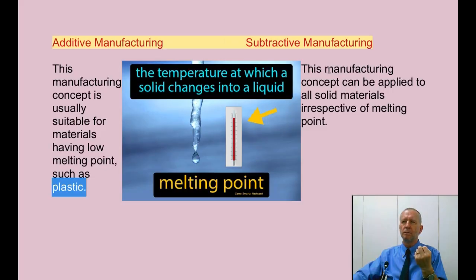In subtractive manufacturing, we can use any kind of material that we want. It doesn't have to have a low melting point. If something has too high a melting point, it's hard to control. So we need a lower melting point usually.